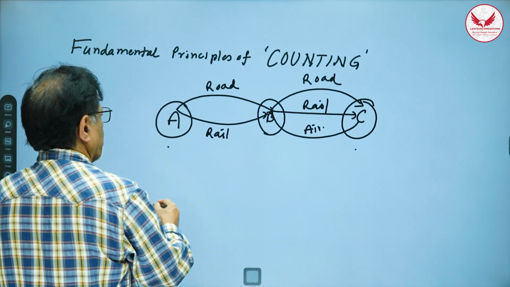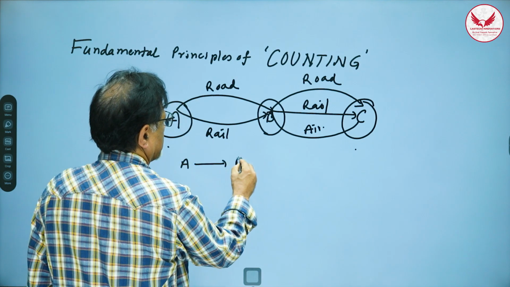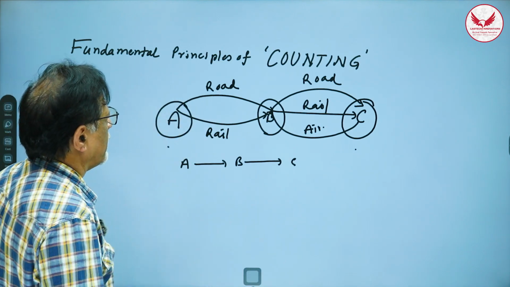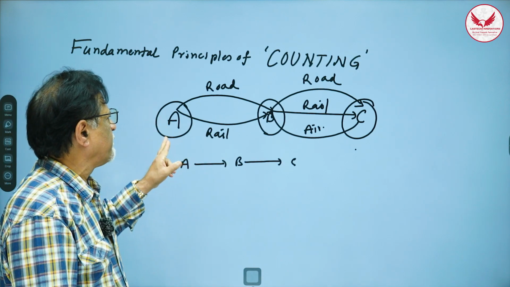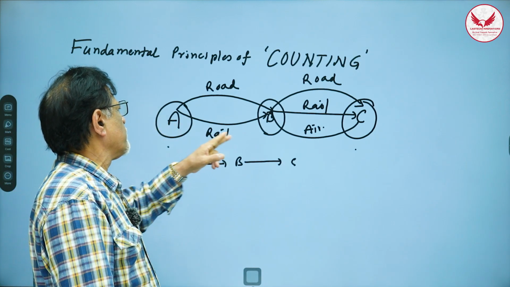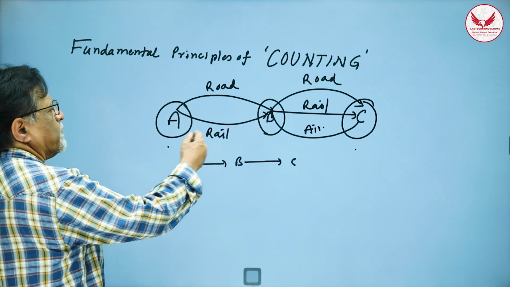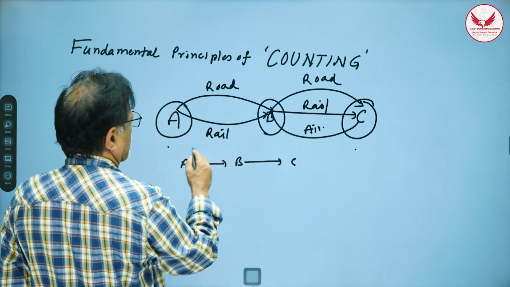So, let us see. From A to B, and from B to C, right? Now, you have to complete the job of traveling from A to C, but in order to complete the job of A to C, we have to first of all take an intermediate step called A to B and B to C. Now, you can travel by road or by rail.